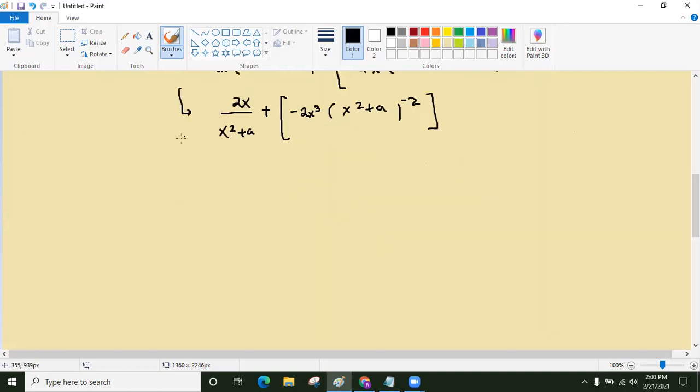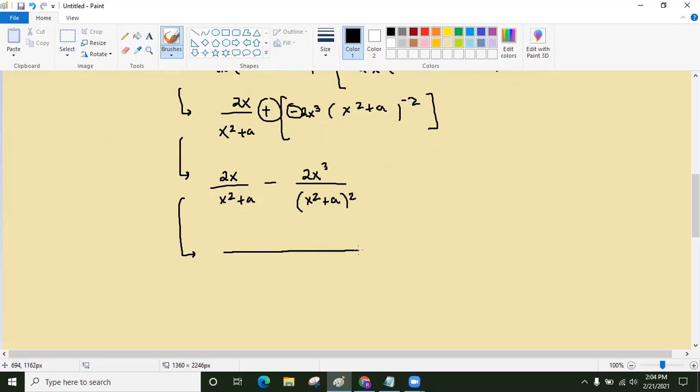And we could then, of course, rewrite this again as being 2x over x squared plus a minus 2x to the third, because essentially our plus and minus here merge into being a minus, because we know that plus minus is a minus. So we get 2x to the third over x squared plus a to the second power.